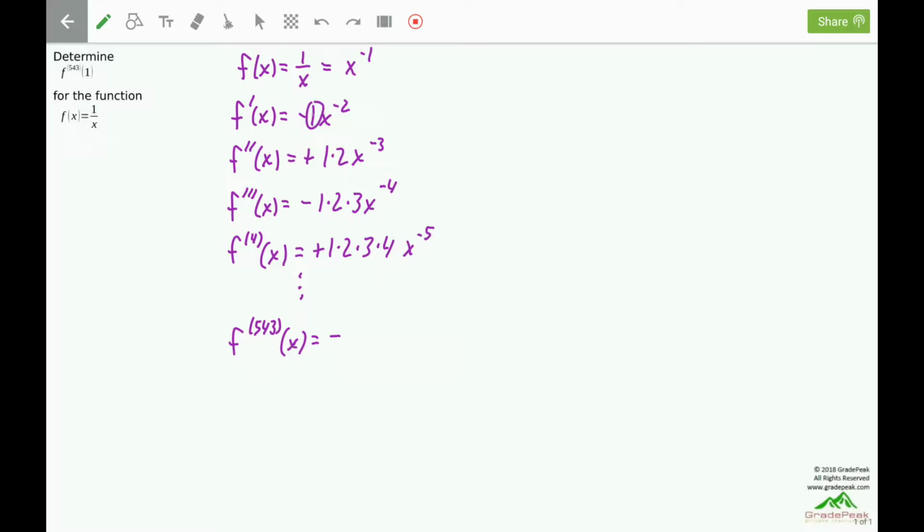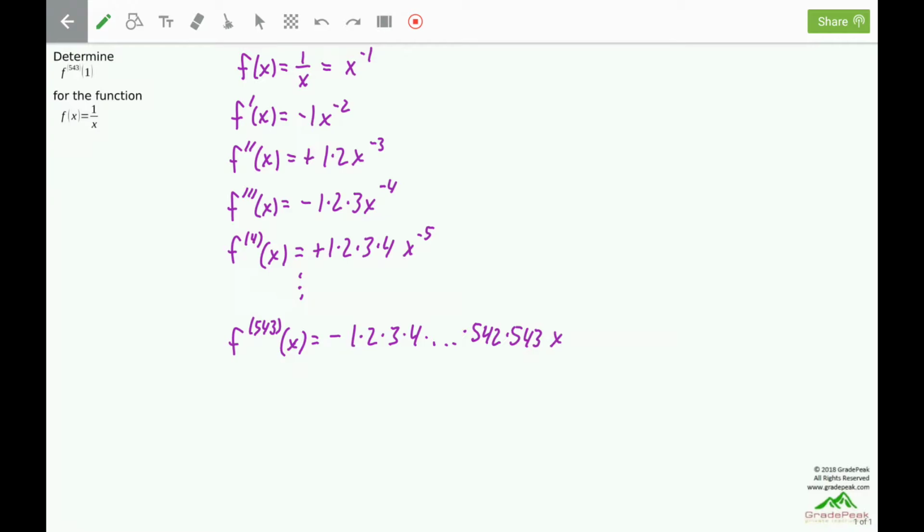For the first derivative it's a 1, second derivative 1 times 2, third derivative 1 times 2 times 3, fourth derivative 1 times 2 times 3 times 4, so we can speculate it will be a 1 times 2 times 3 times 4 times on and on, all the way up to 543. So all those numbers multiplying each other.